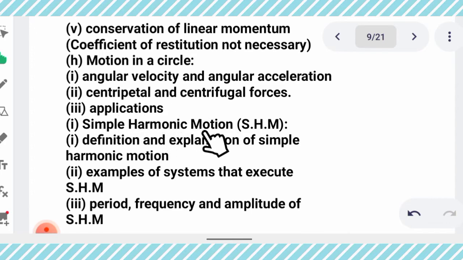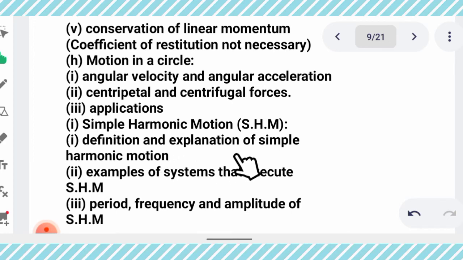Then simple harmonic motion. Oscillatory means the to-and-fro movement of an object. Here you just have to learn certain formulas such as T equal to 2 pi times the square root of L over g, which is the formula for period, and w equal to theta over T, and so many of them.